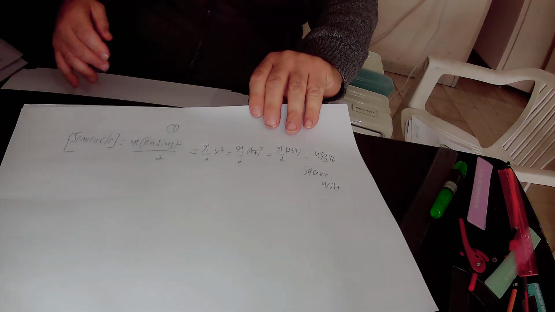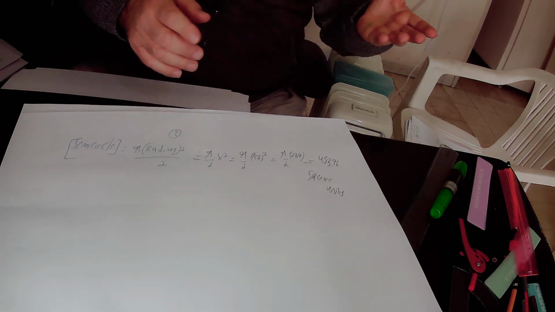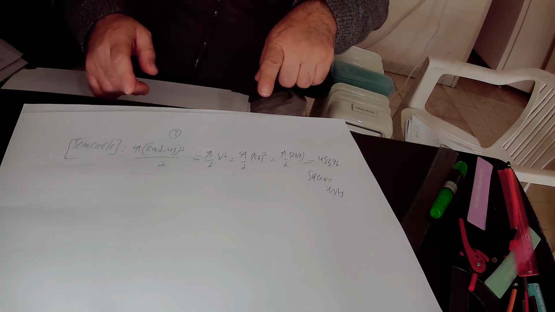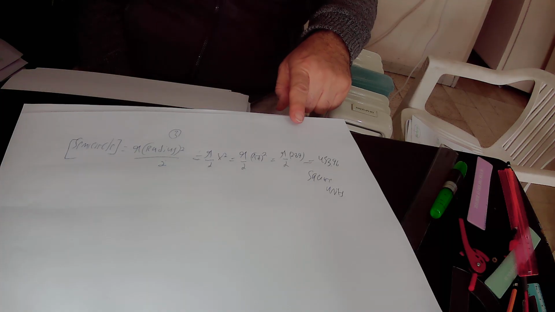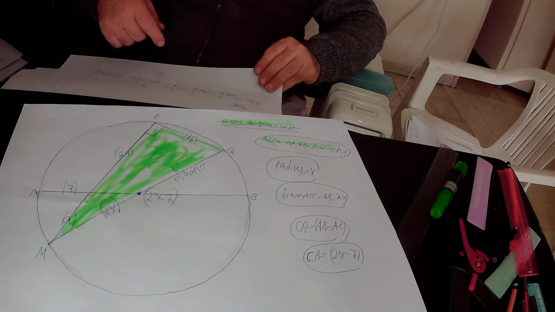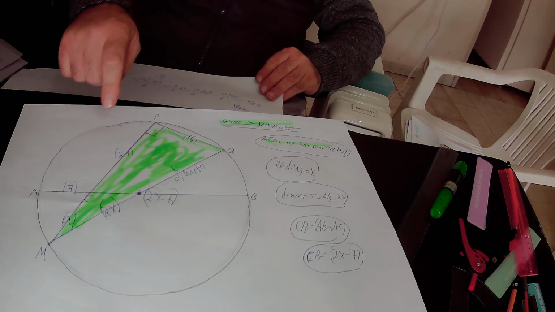So in total, the area of our semicircle must be equal to pi x squared over 2. X is 17, therefore x squared is 17 squared. So the area of our semicircle must be equal to pi over 2 times 17 squared. 17 squared is 289, therefore the area of our semicircle equals 289 pi over 2 square units in its size.